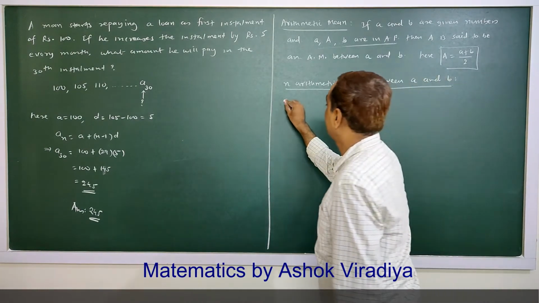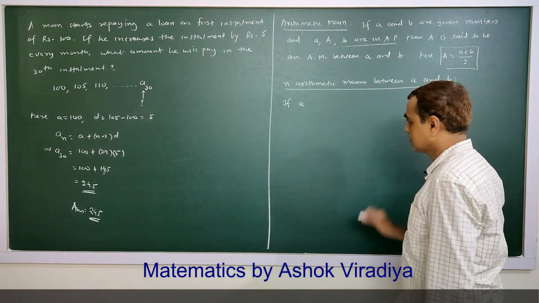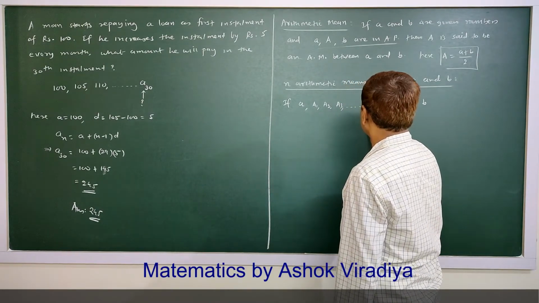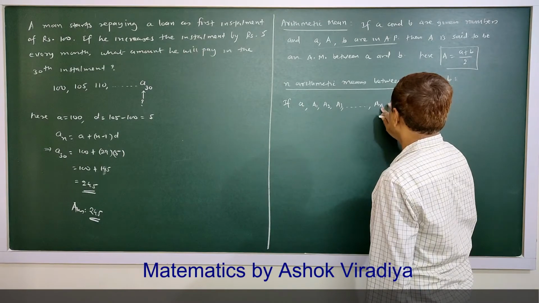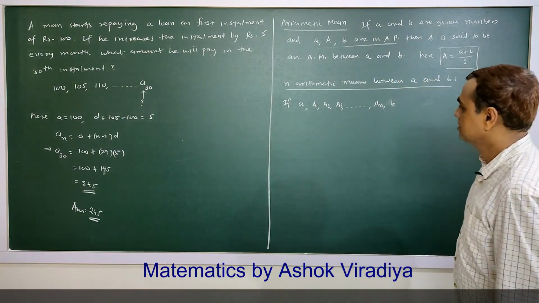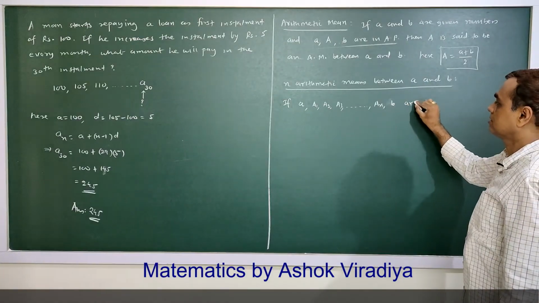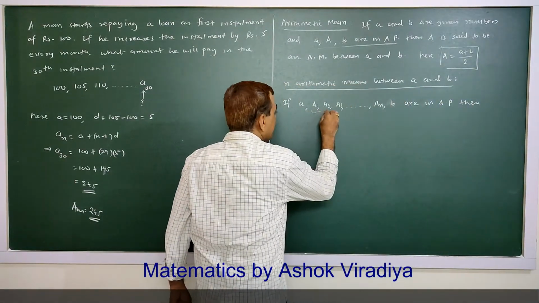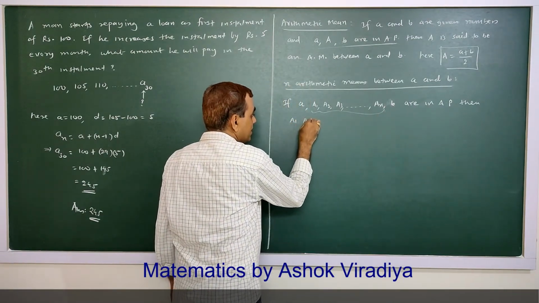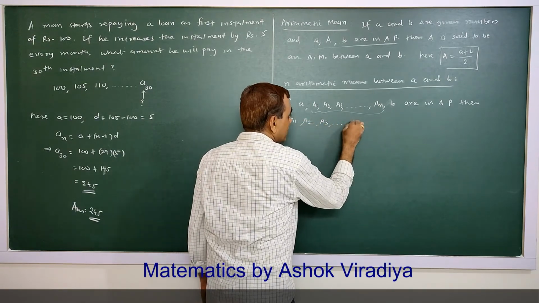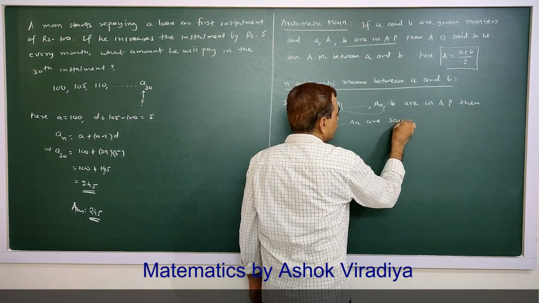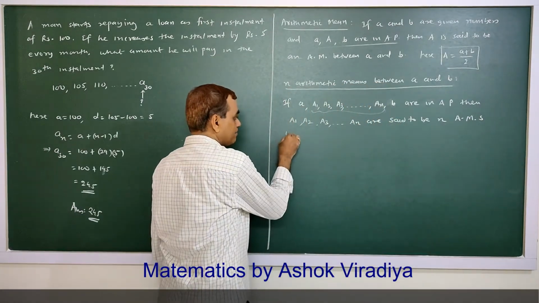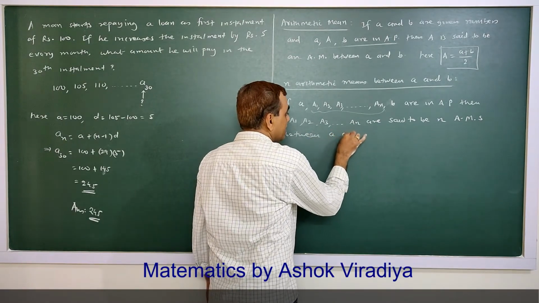That means if between A and B, I put here n numbers like this, and then the last is B, and if these numbers are in AP, then A1, A2, A3 up to AN are said to be n arithmetic means between A and B.